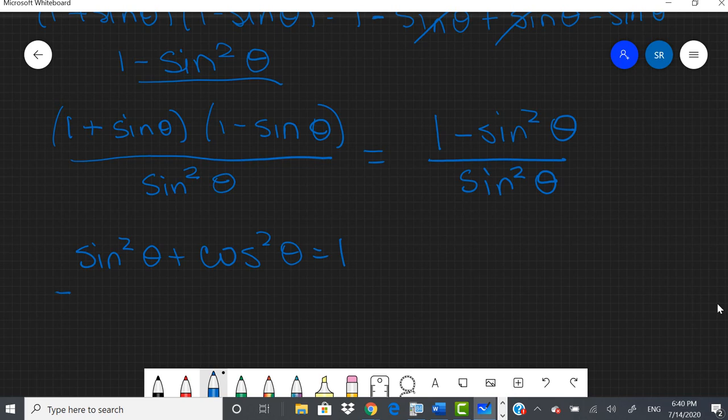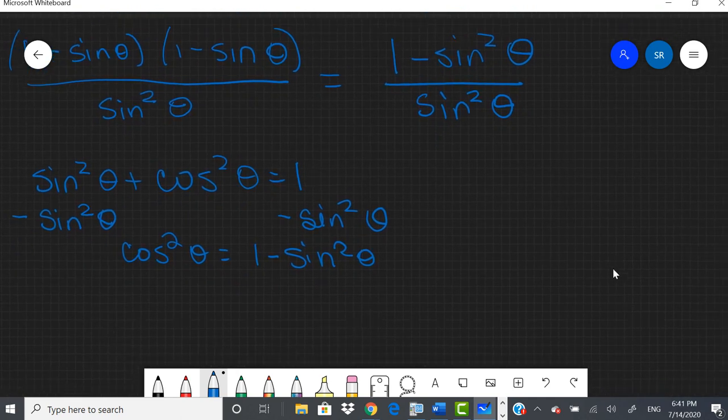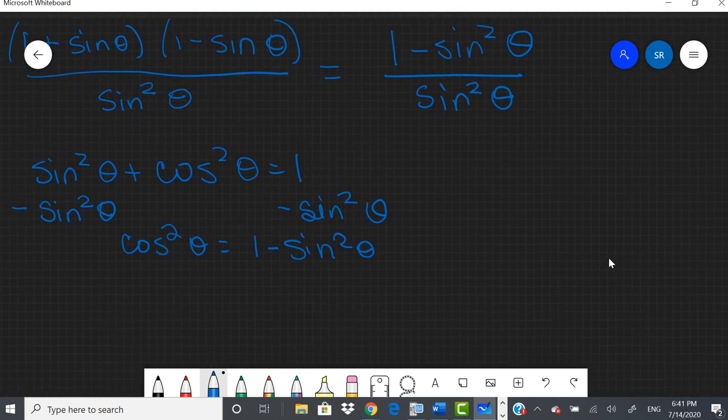We can subtract sine squared theta from each side, and we end up with cosine squared theta equals 1 minus sine squared theta. We can substitute in cosine squared theta, so on the top we end up with cosine squared theta over sine squared theta.